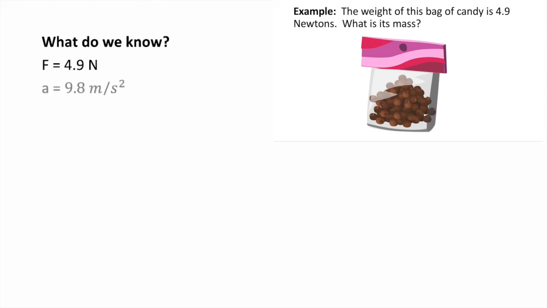And we also know that the acceleration due to gravity is 9.8 meters per second squared. And we're going to assume that this is on Earth because they haven't told us it's on a different planet. Now we have to determine what we need to find, and this prompt has asked us to find mass.